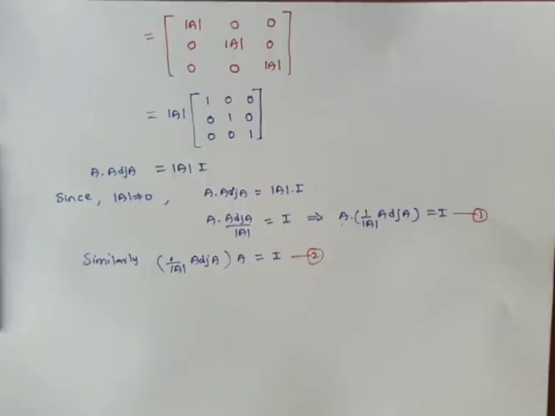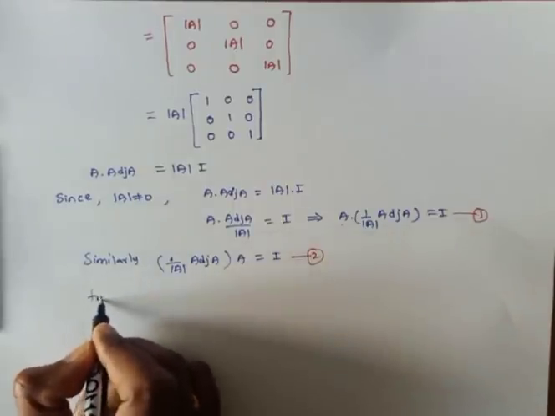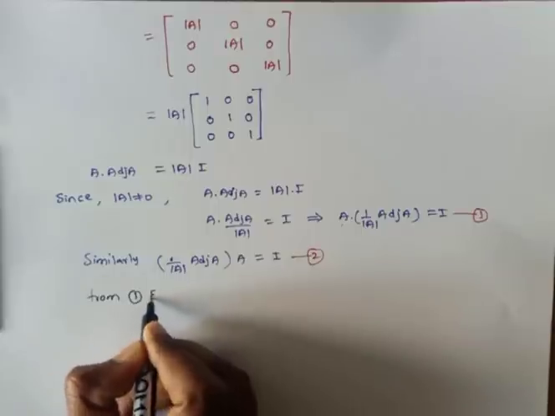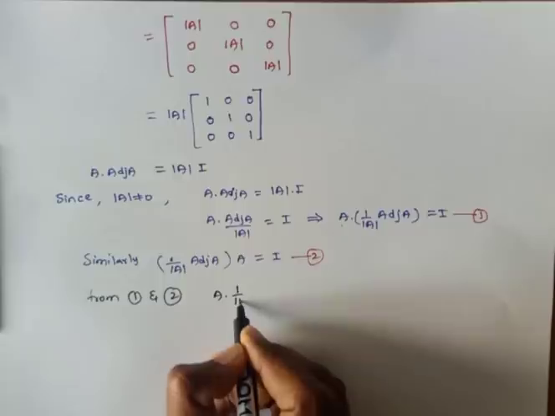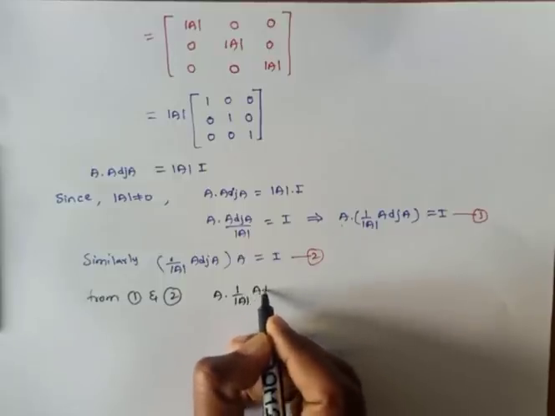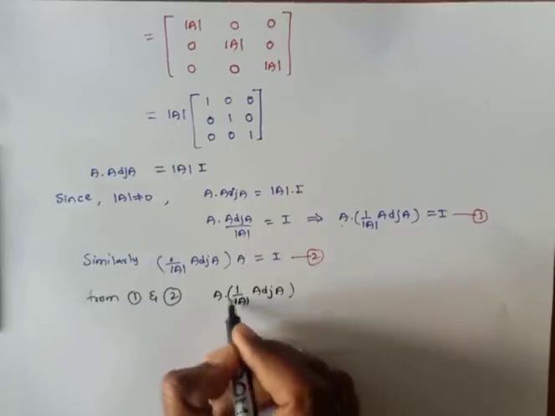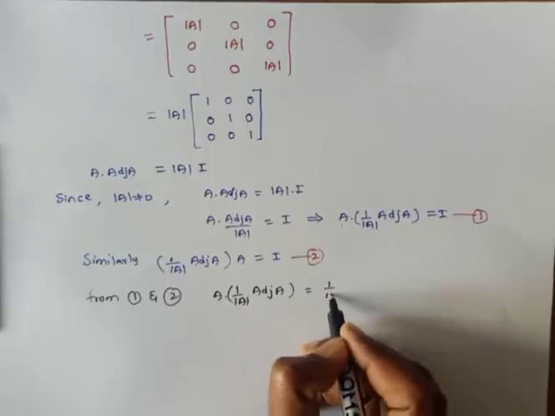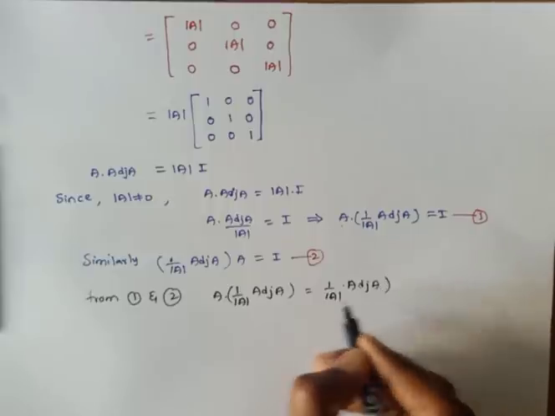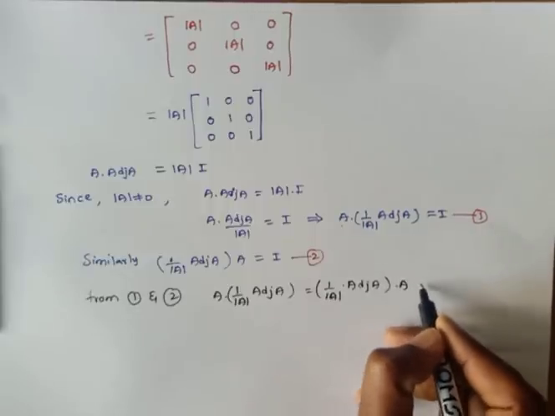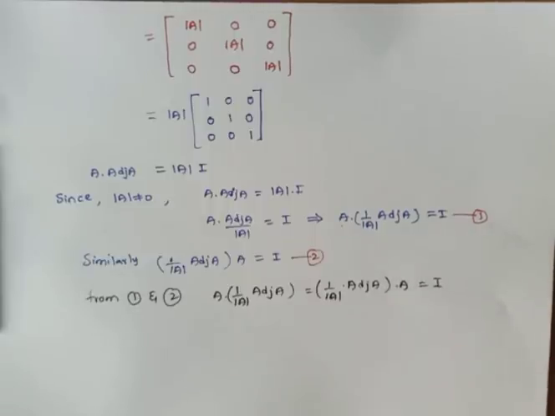From 1 and 2, we can write A into 1 by det A into adjoint of A is equal to 1 by det A into adjoint of A into A is equal to I.